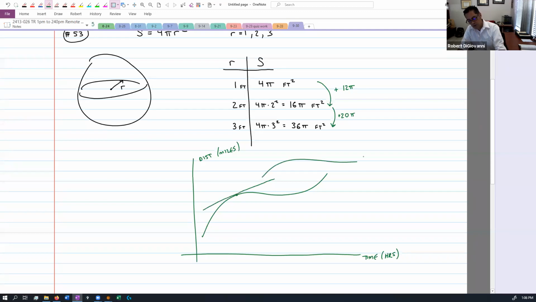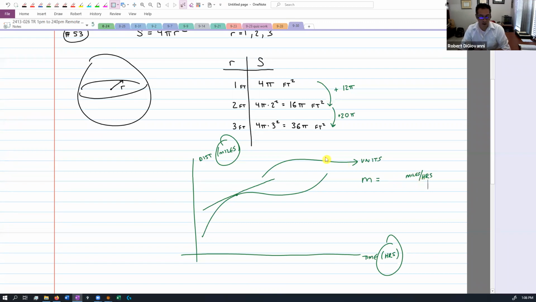The units on that slope would be miles divided by hours. So that would be miles per hour, right?